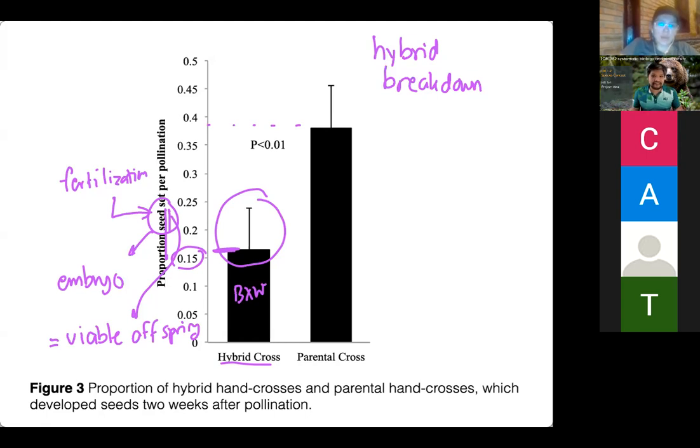So not all humans are successful at reproducing. Same thing here, even if they are the same species, same population, it does not always produce viable offspring, but they have a better chance to produce viable offspring than individuals from different populations. So this is a case of hybrid breakdown.